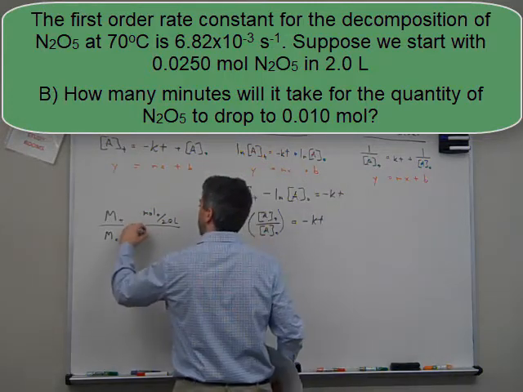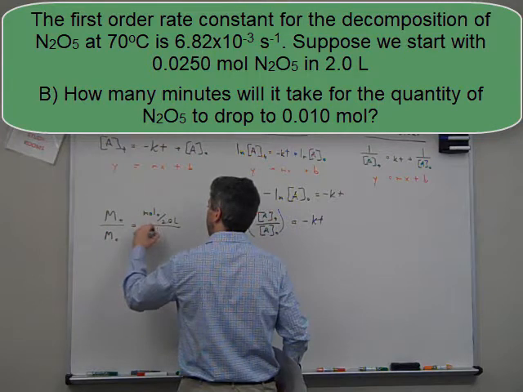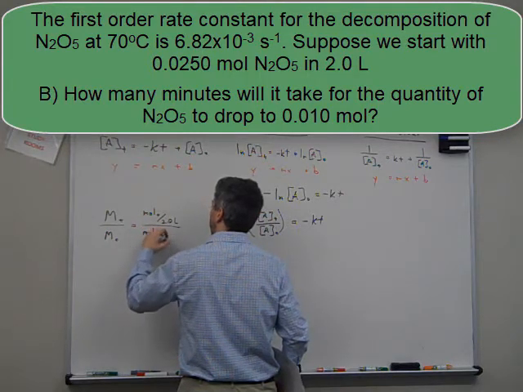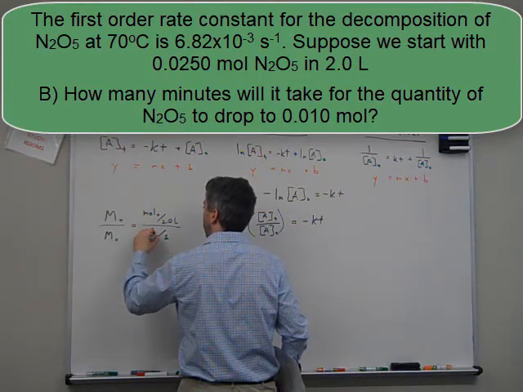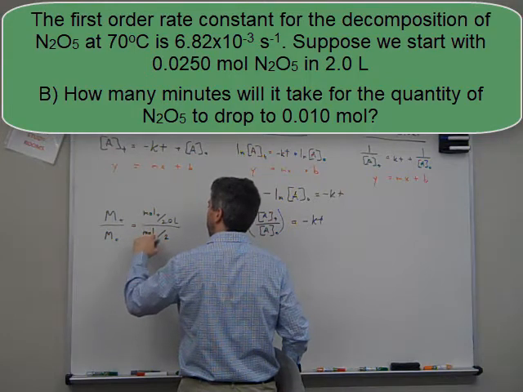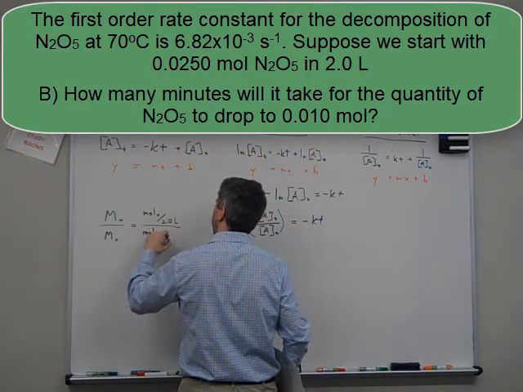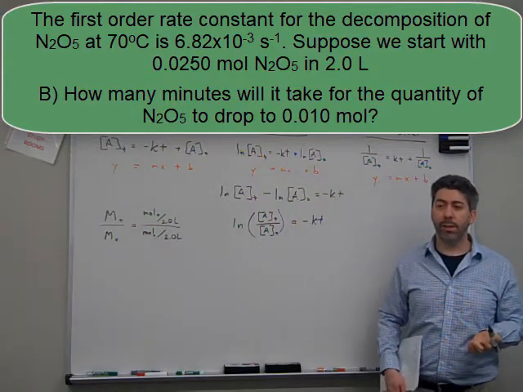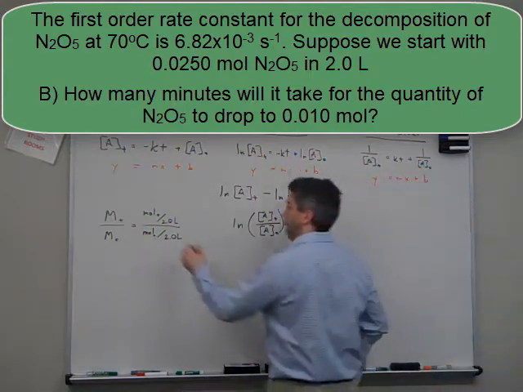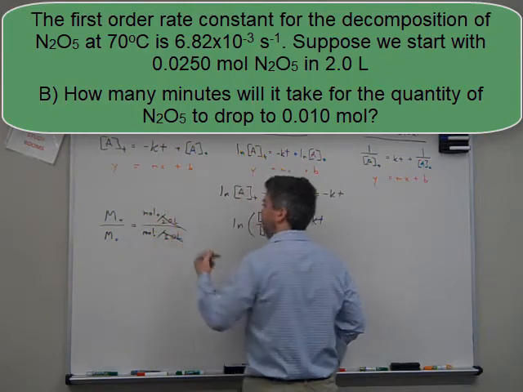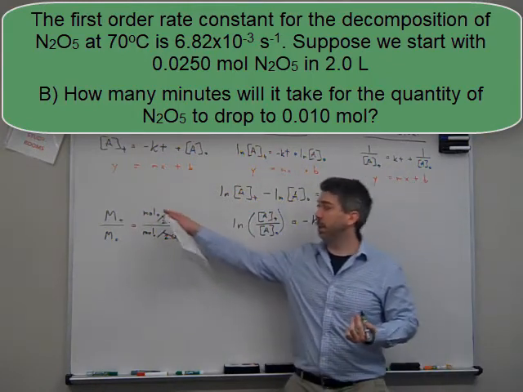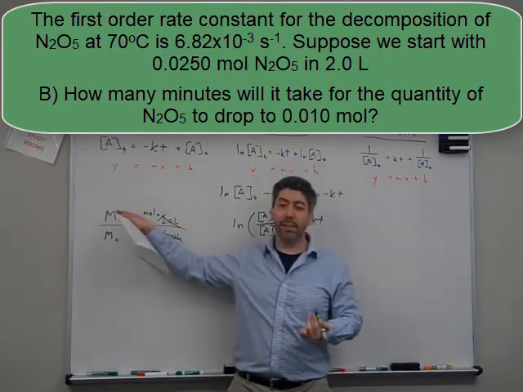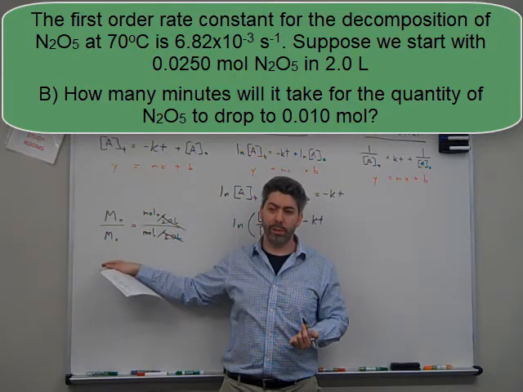But the volume hasn't changed, so at this point in the reaction, it's the moles initial divided by the 2.0 liters, because the volume hasn't changed. So in both of these cases, since the volume is 2 liters, that part really cancels out. And you see that the mole ratio is really the same thing as the molarity ratio.